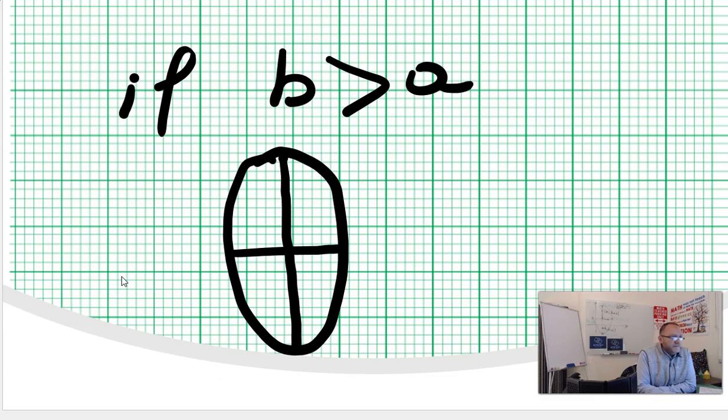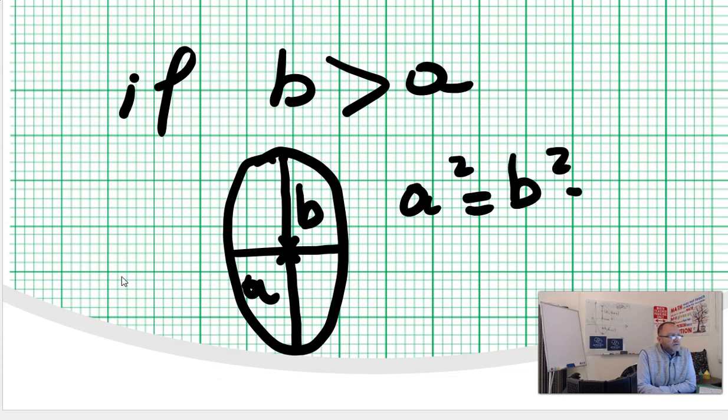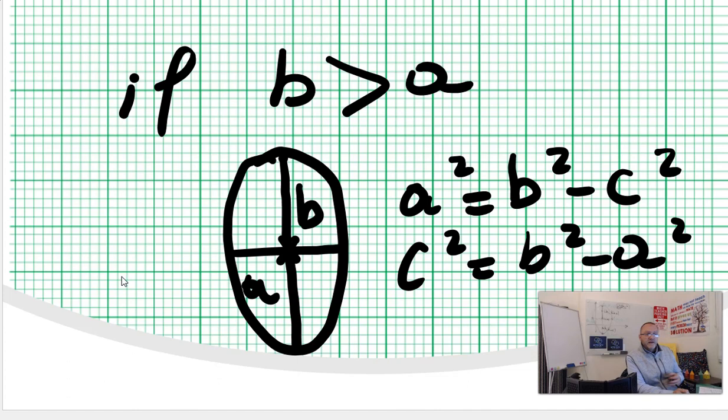Okay? This is the b, right? If you move it, like with the book, they make it like this. In this situation, a squared is equal to what? B squared minus c squared. And c squared in this situation equals b squared minus a squared. So, see, you're going to start memorizing if you don't think about it as a quantity.